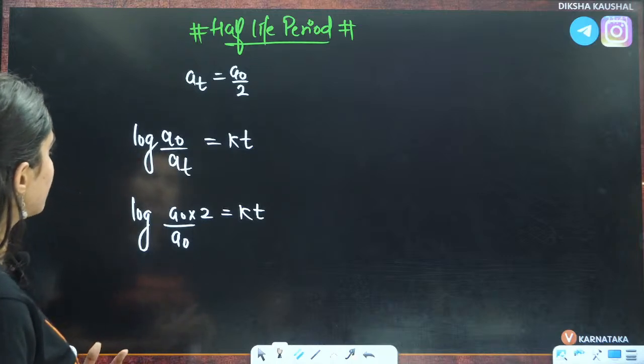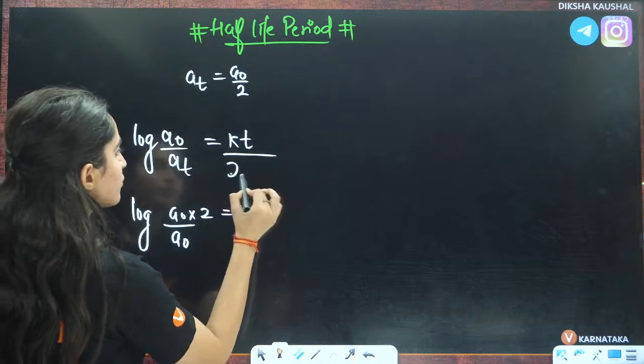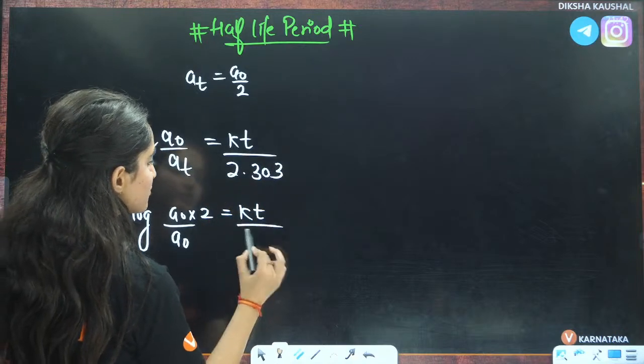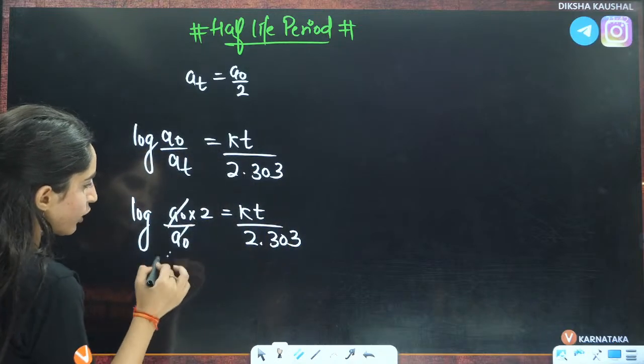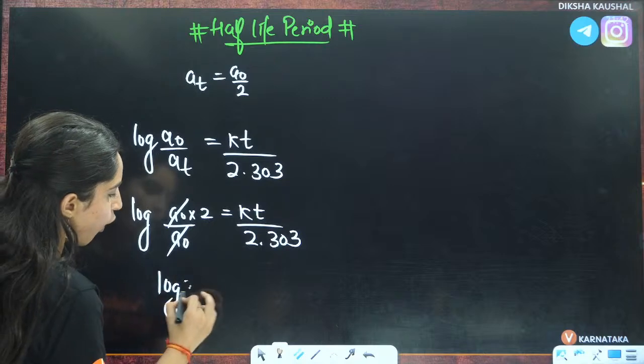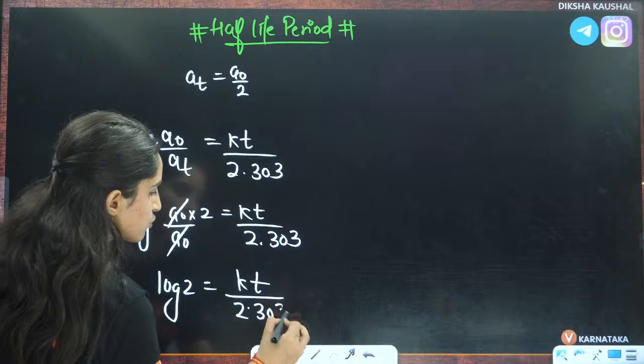So the answer will be, I forgot to write 2.303. Yes. Now A naught will cancel out. It will be log 2 equals kt by 2.303.